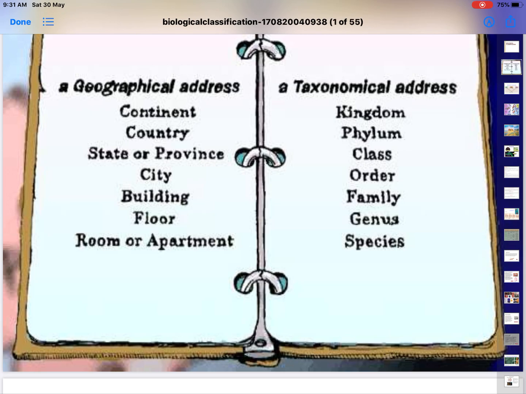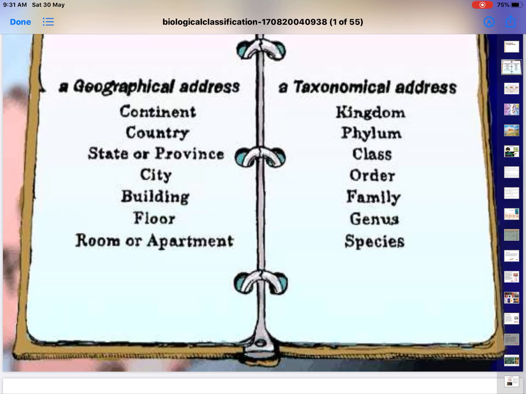Hence we have made this ladder of arrangement. We started with the species, many species joined together form a genus, many genera form a family, many families join together to form an order, many orders form a class, many classes will be under one phylum, and many phyla will be under one kingdom. Like we have two broad kingdoms, plant kingdom and animal kingdom.